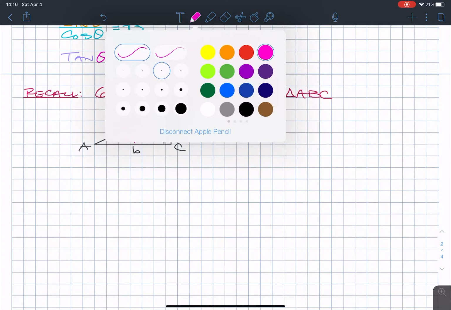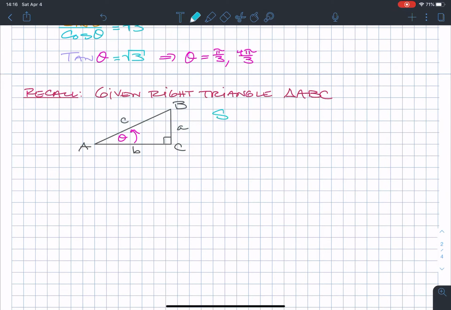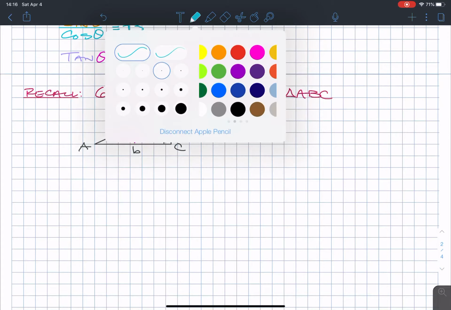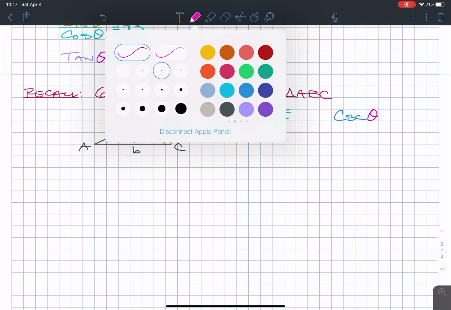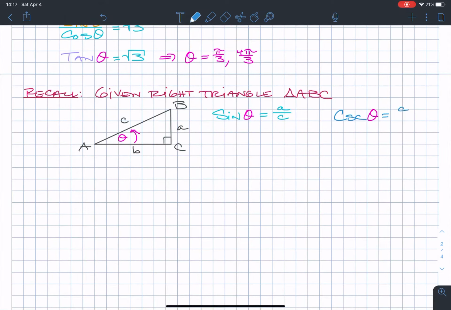So what do we have? Have the sine of angle theta. Well, that's going to be the side opposite over the hypotenuse, which means that cosecant of angle theta will be the reciprocal to that, which is hypotenuse over opposite.